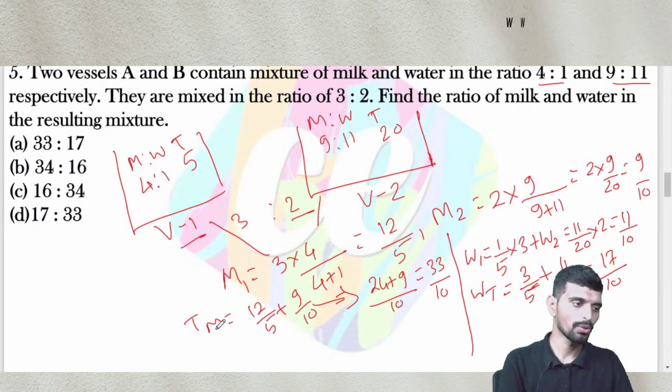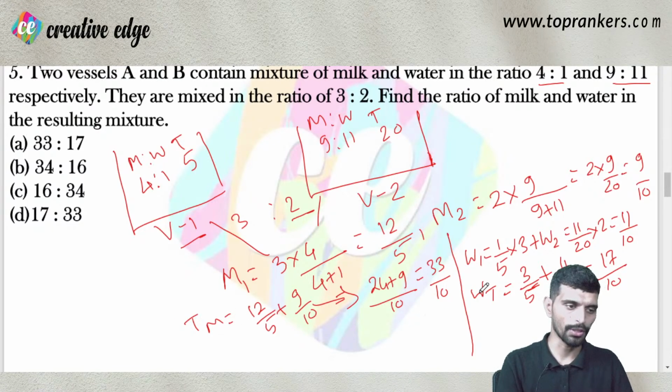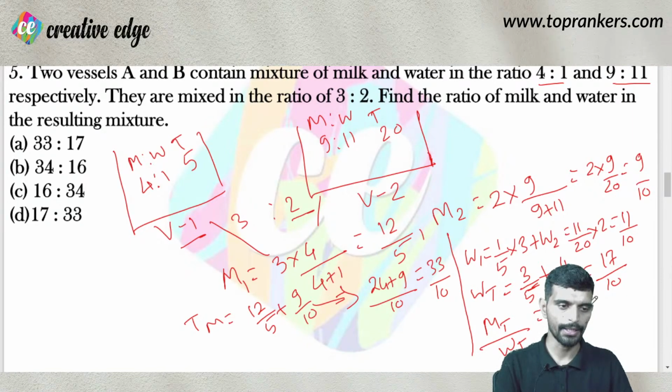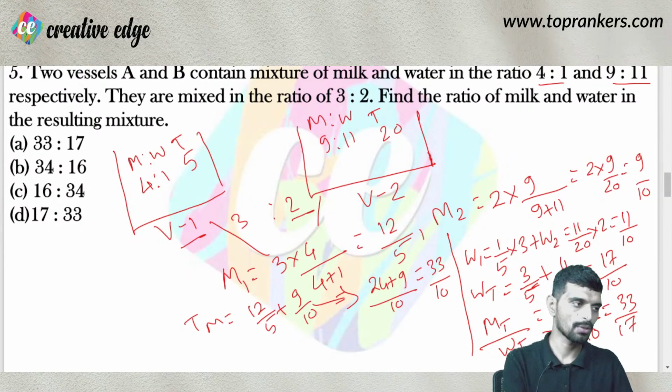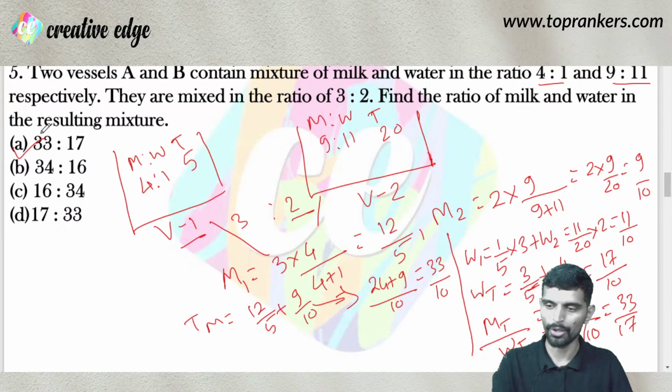So milk total and water total. The final ratio, milk total to water total, will be 33 by 10 upon 17 by 10, that is 33 upon 17. So the answer to this one will be option A.